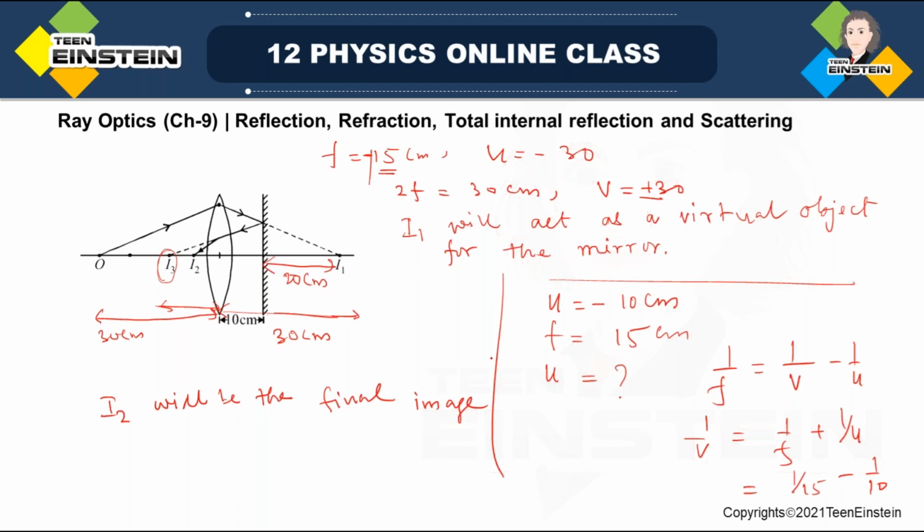Okay, let us do this LCM. So 1 over 15 minus 1 over 10. So this will be 30. 2 minus 3, that means 1 over 2, and this is 30. 10 centimeter, all right.